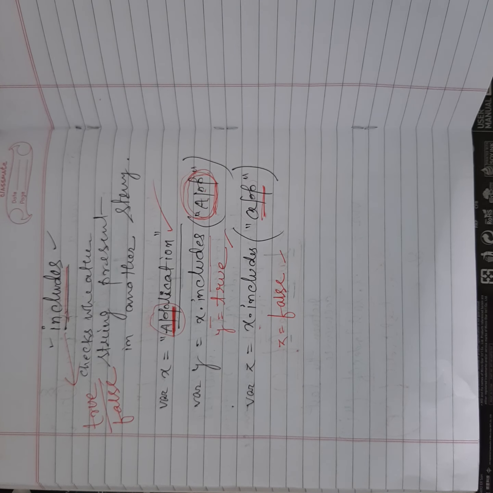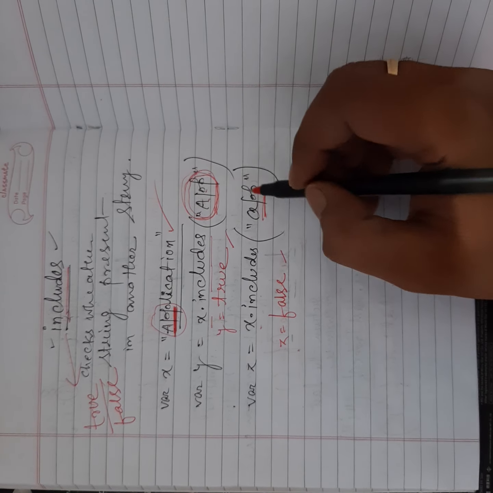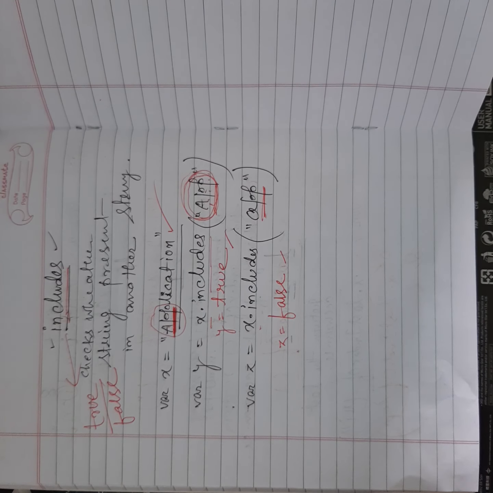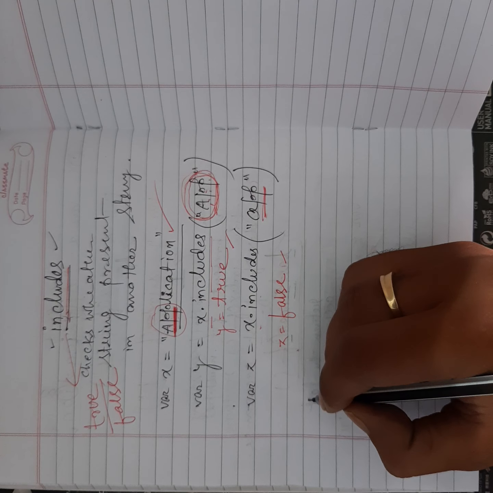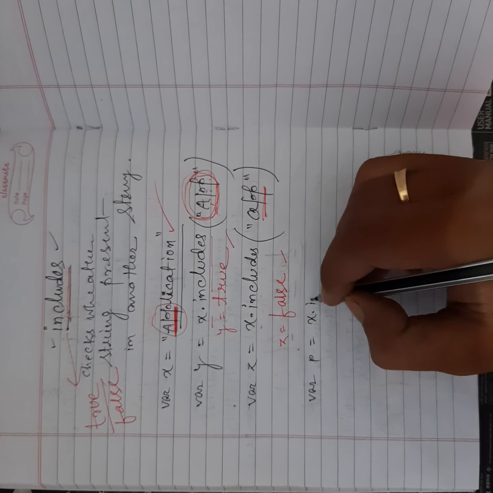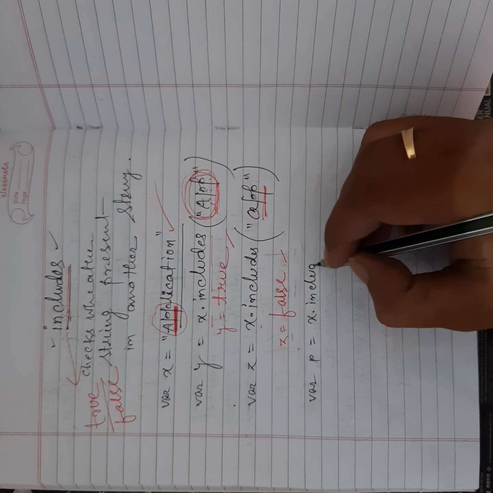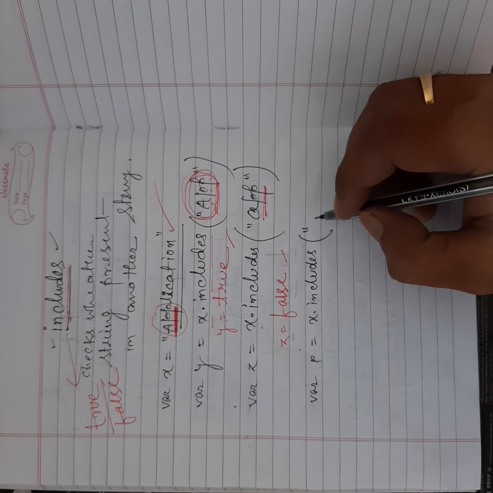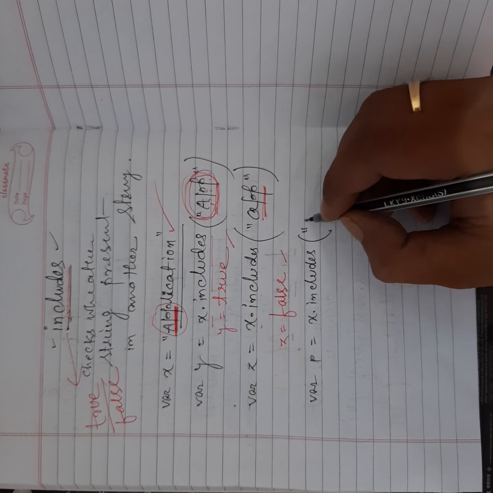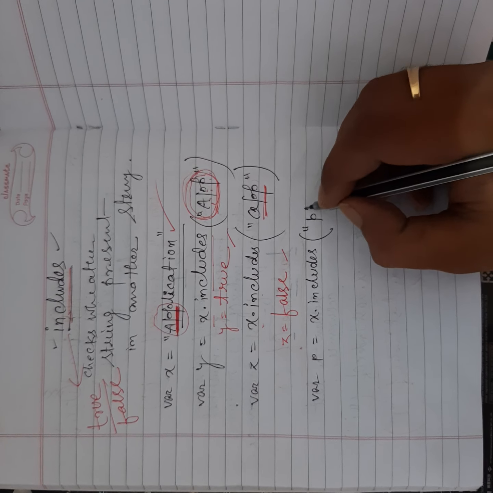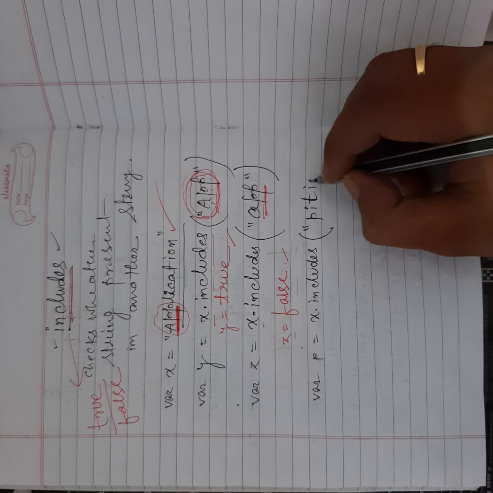But not only this, we have to remember one more point: all the letters should be matched consecutively. Just like if I take one more example, let me write p equals x.includes, and within this, suppose I am writing "pI TION".